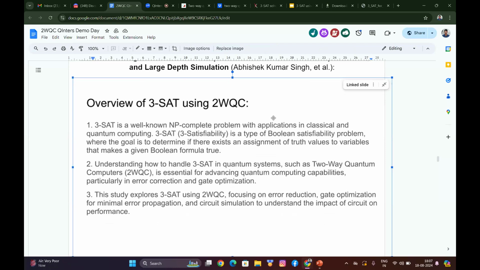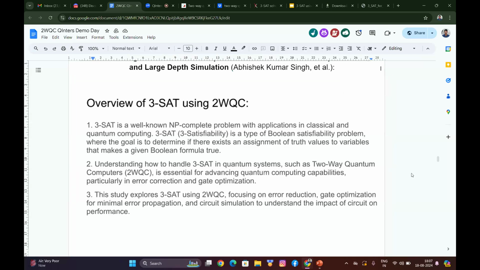The way we understand and handle this problem is crucial for further advancement of our quantum computing capabilities, particularly in error correction and optimization. So our study focuses on error reduction, the optimization of gates for minimal error propagation, and simulation to understand the impact of circuit depth on performance.